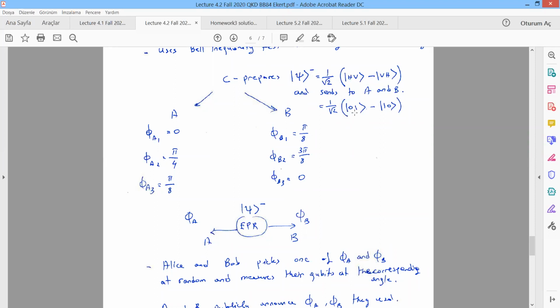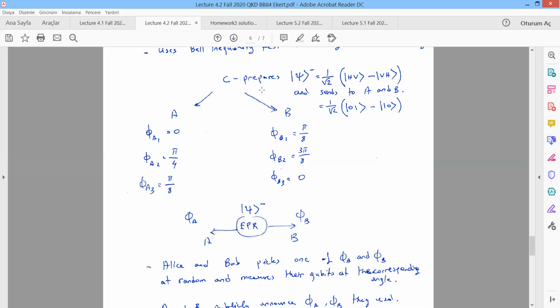As I said, in this bra and ket notation, these names are just labels. They can be interpreted in any way you want, as long as we are talking about distinguishable basis quantum states.